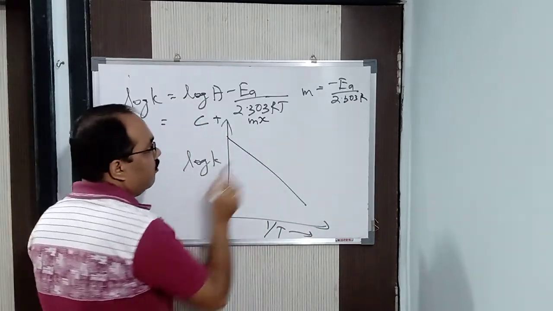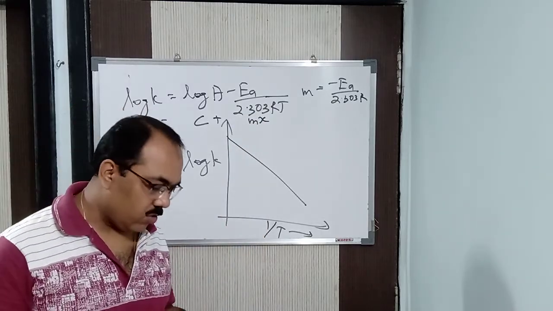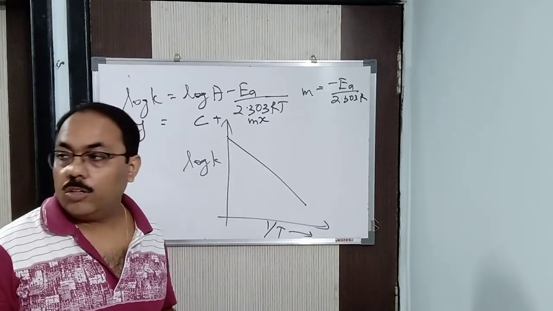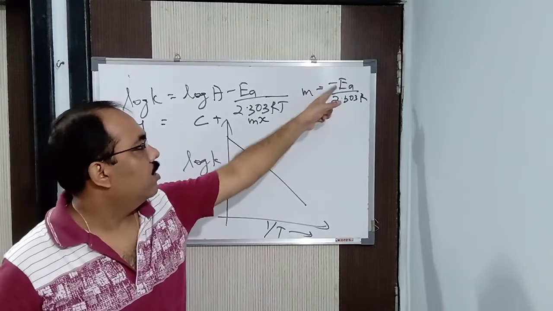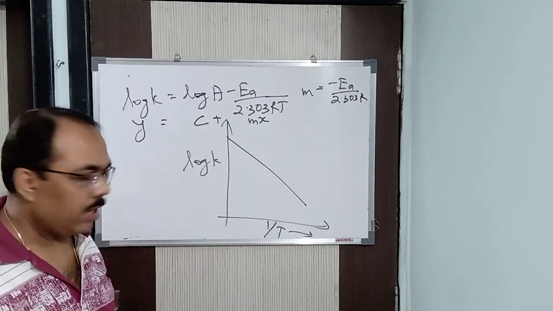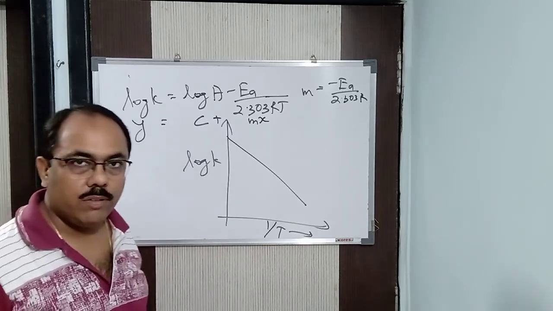This sort of graph, where the slope is negative. In this way you can also calculate the slope. In numericals you will be asked to calculate the slope from the graph. So what is the formula you are going to use? m is equal to minus Ea by 2.303 R. So understood this particular one, the Arrhenius equation, how you are going to calculate the slope and all those things I've explained. Thank you.